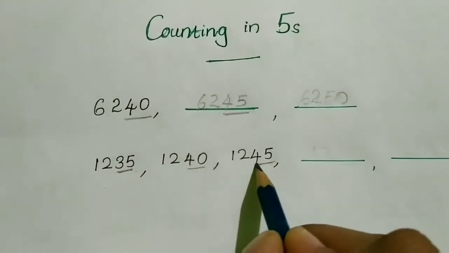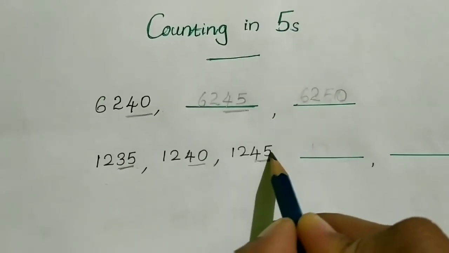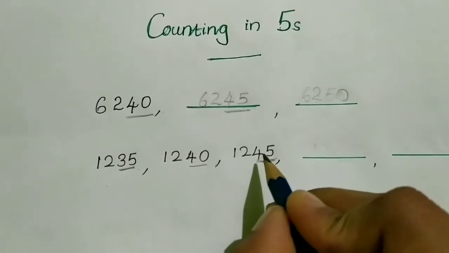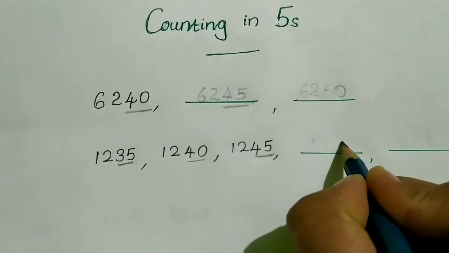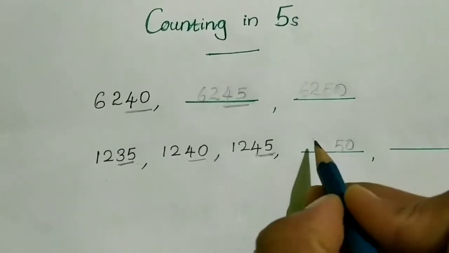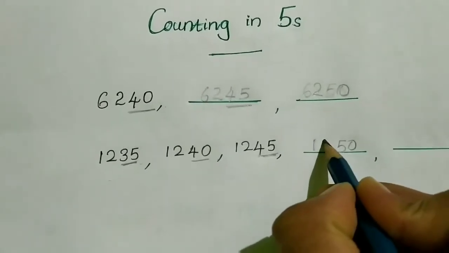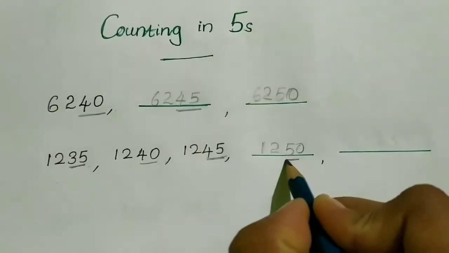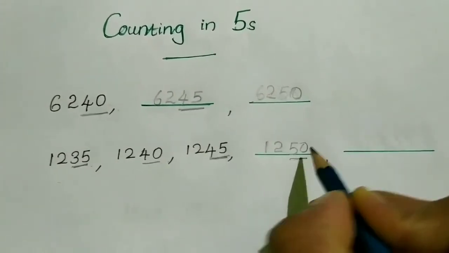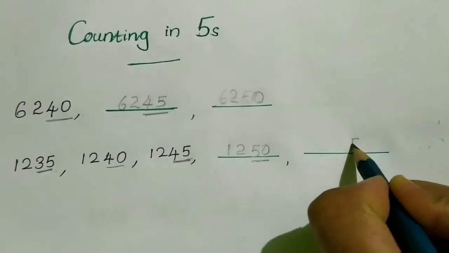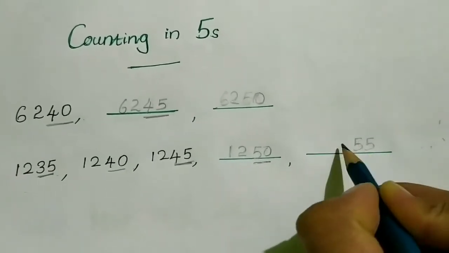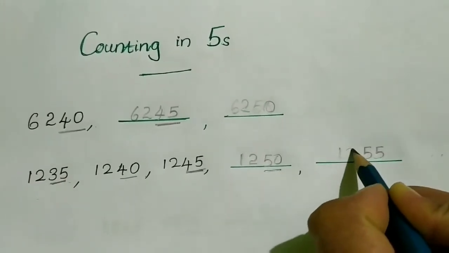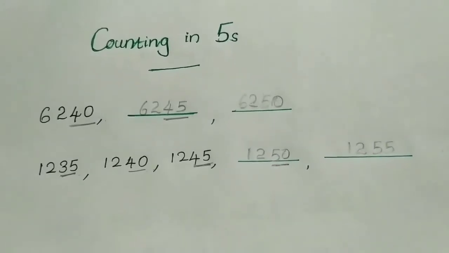That is, add 5 with this number 45. So we will get 45 plus 5, 50. So 1250. Next number, 50 plus 5, 55. That is 1255.